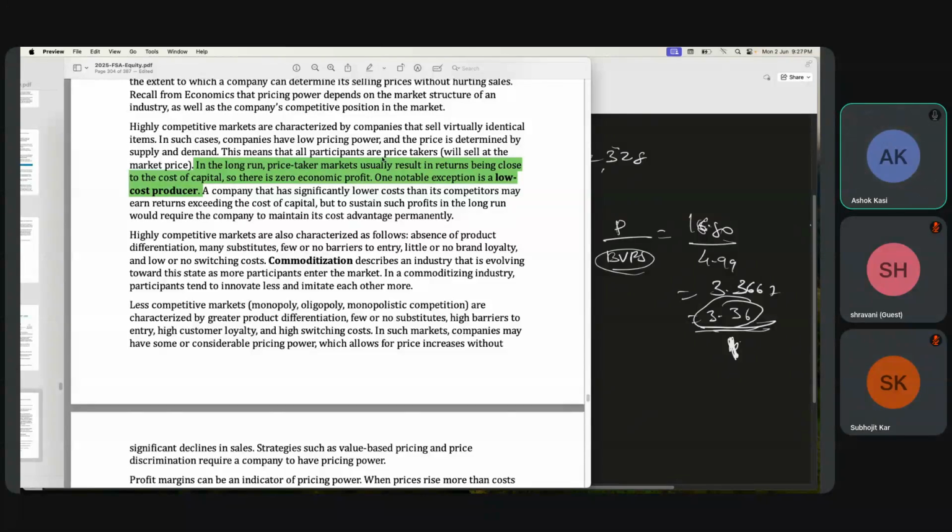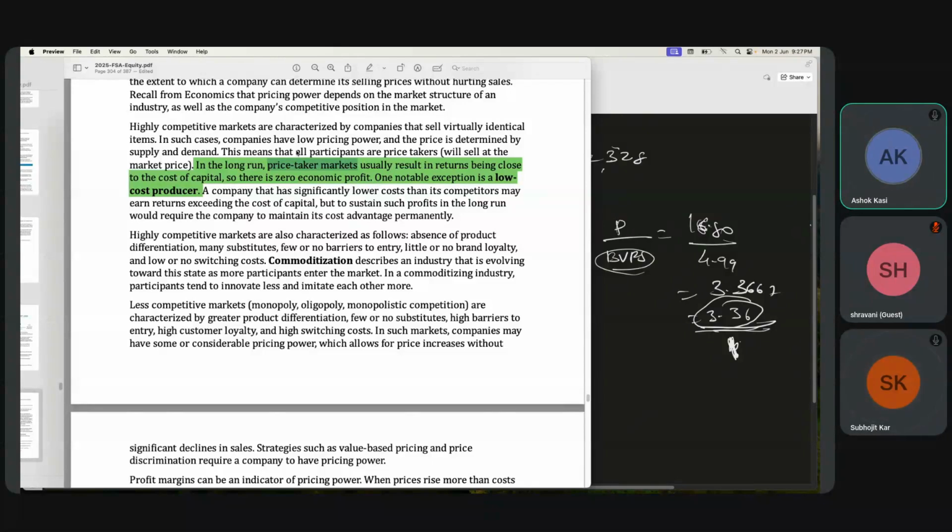Price taker market means perfect competition. You must have heard in economics, right? Perfect competition, where all the products are homogeneous. Just an example, like what you see outside a railway station: similar products will be sold, almost everything at the same price.